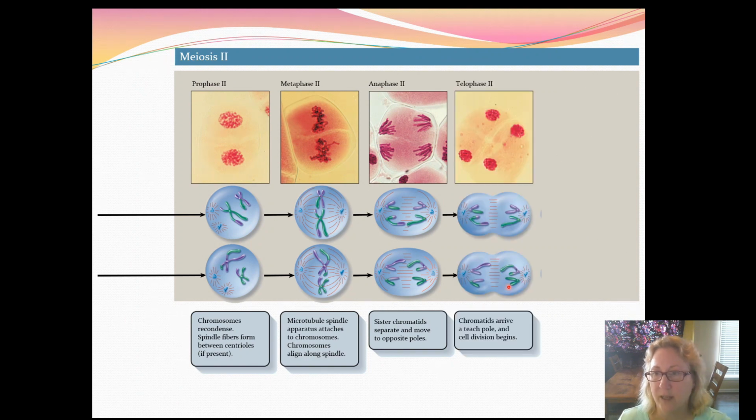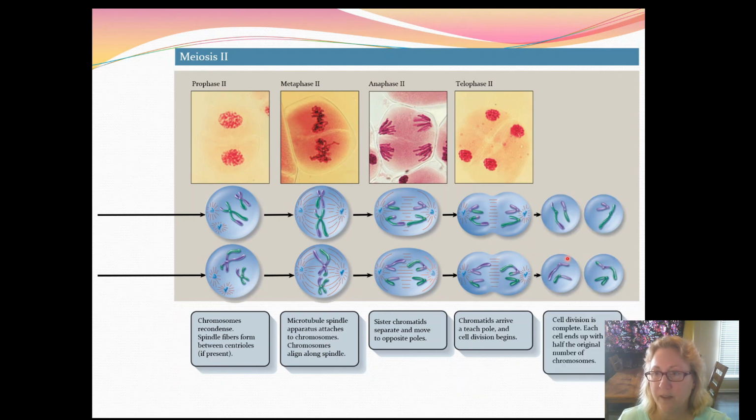So that's how we end up with 4 daughter cells that are all different, because some of the chromatids are what we call parental type, and they didn't cross over, and some of the chromosomes are recombinant chromosomes that have bits from both the maternal and the paternal chromosomes from the original homologous pair. So there are our 4 daughter cells that are all different from each other. They are haploid, and each chromosome only has 1 chromatid.